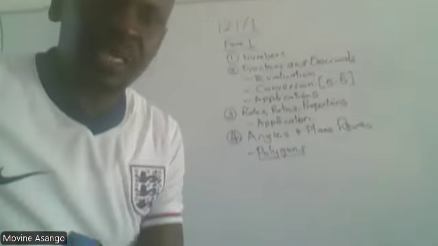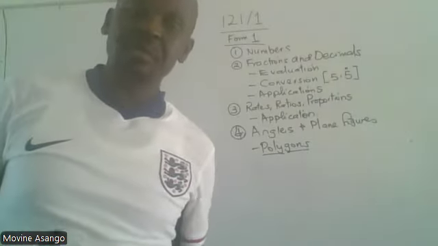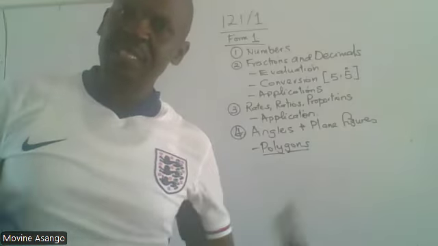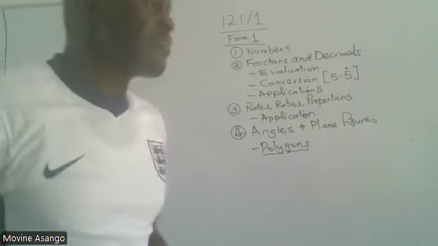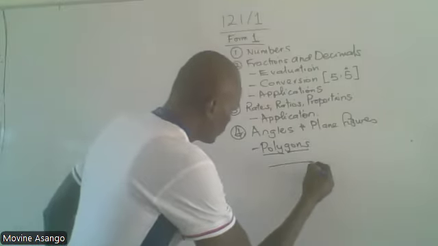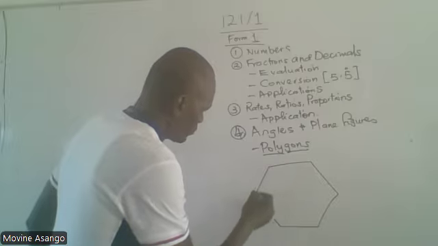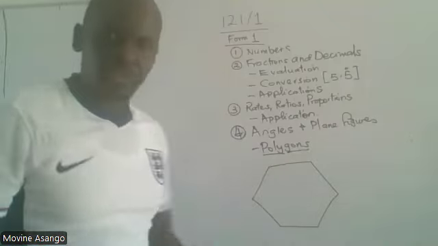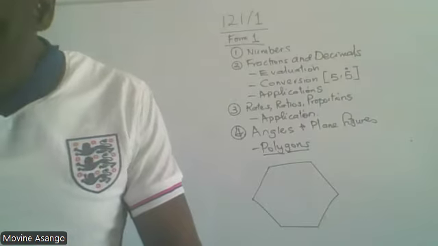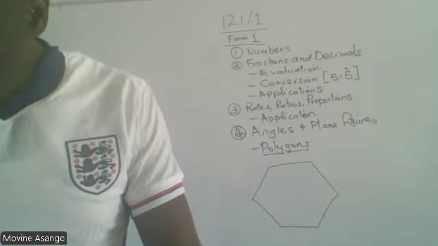The 3 polygon formulas are as follows. If you take any regular polygon, regular meaning all sides equal and, of course, all interior angles equal, assuming that this polygon is regular, the 6-sided polygon, all the 6 sides are equal in length, all the interior angles are equal.